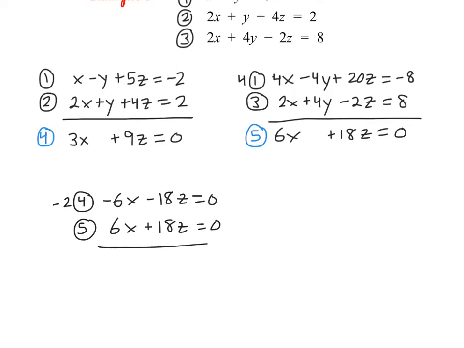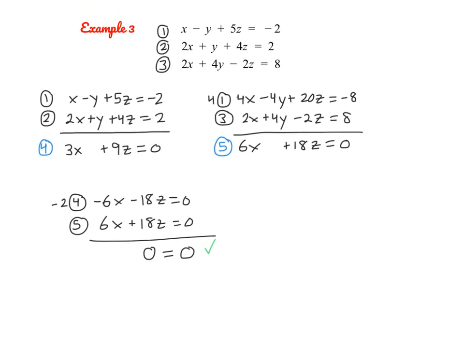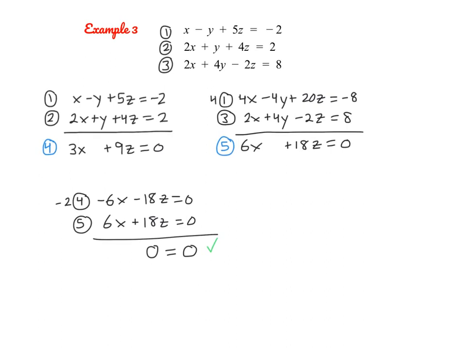So you see again we have that weird situation where both variables disappear, but this time we end up with 0 equals 0. So since we end up with a statement that is true, this is how we know that we have infinite solutions. So a little different than the no solution outcome.